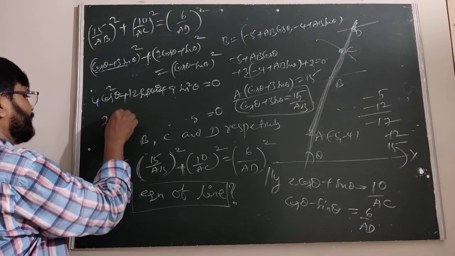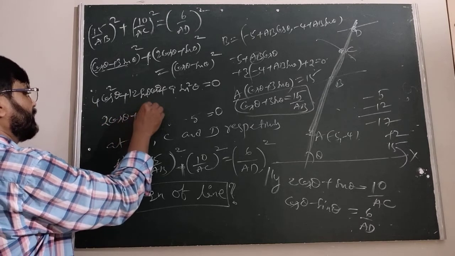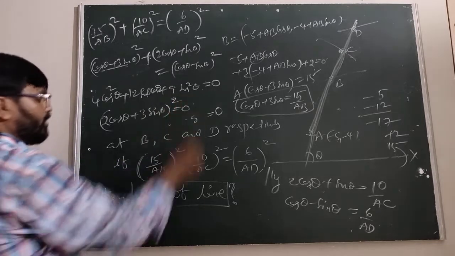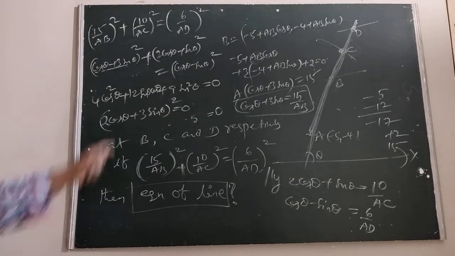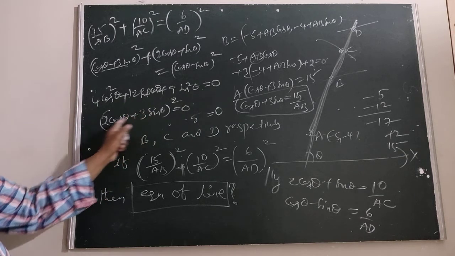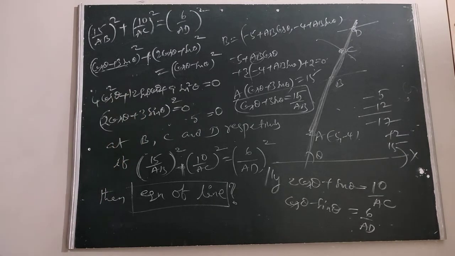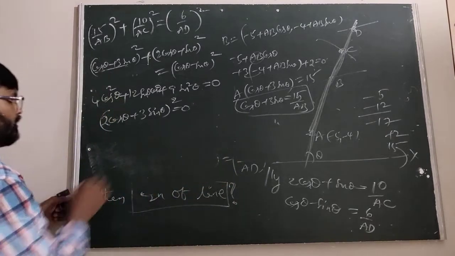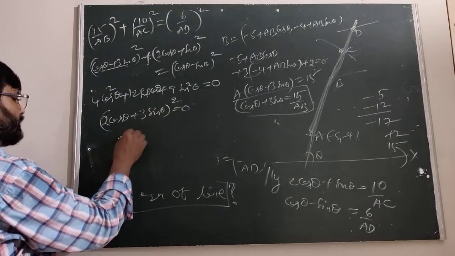Now this can be written as 2 cos theta plus 3 sin theta whole square equal to 0. Is it clear? A square is there, B square is there here, 2AB: 2 into 3 is 6, 6 into 2 is 12. Now what is the value of tan theta? The square is sent to the other side.